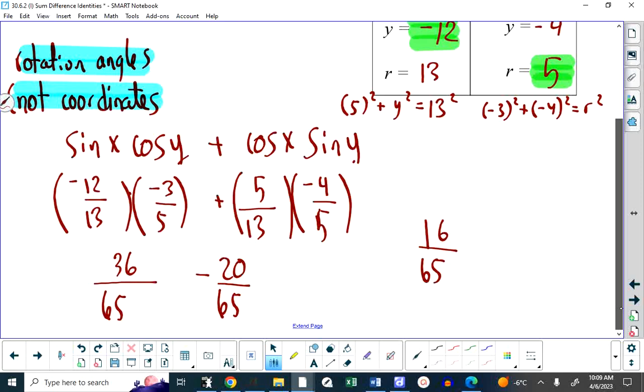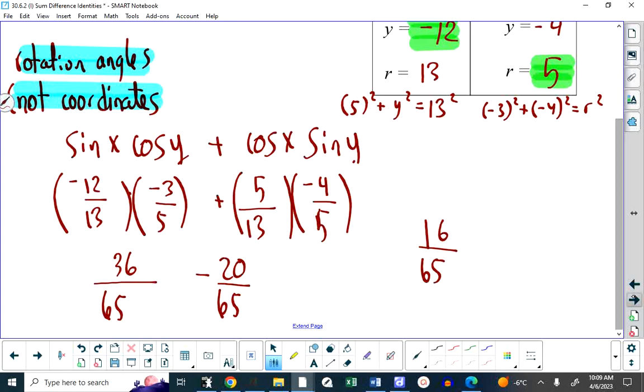Now, as I go through B and C, I'm going to be asking for your help in confirming the numbers that I believe I'm dealing with for x, y, and r, for angle x and angle y. But any questions about A?